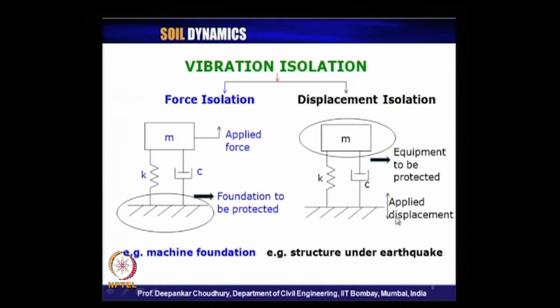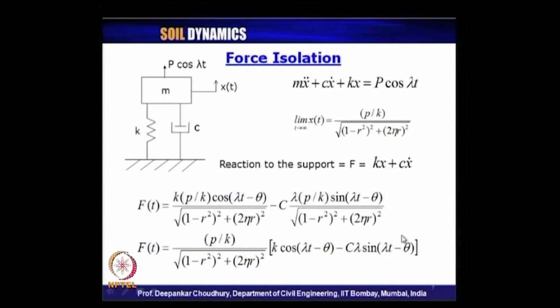For displacement isolation, the practical application is in structures subjected to, say, earthquake loading, where the earthquake comes to the ground level and the applied displacement due to the earthquake should not be transferred or magnified at our superstructure level. So, that is why we want to protect our superstructure. That is the concept of using displacement isolation.